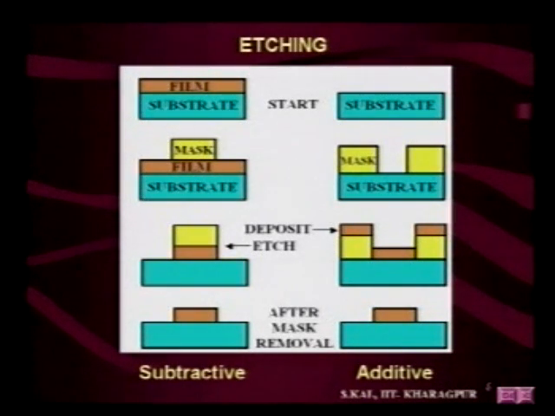So in both the subtractive and additive methods, you have to take care of the photoresist spinning or the photoresist layer formation, so that a larger thickness of resist film is obtained, and the metal film or deposited film thickness is less compared to the resist.